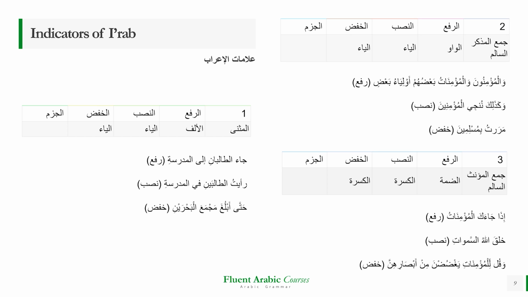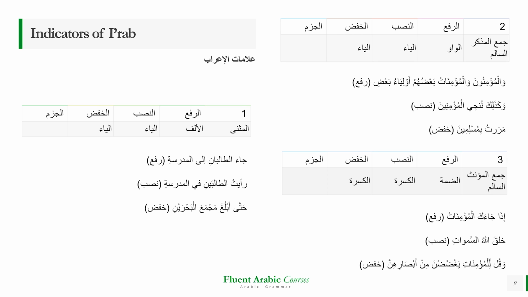He mentions each case like rafa, nasab, khafdh, and then he talks about each alama or each sign individually. And I feel this methodology is a bit complicated and difficult to understand. But some ulama, they have explained this concept in a much simpler way.